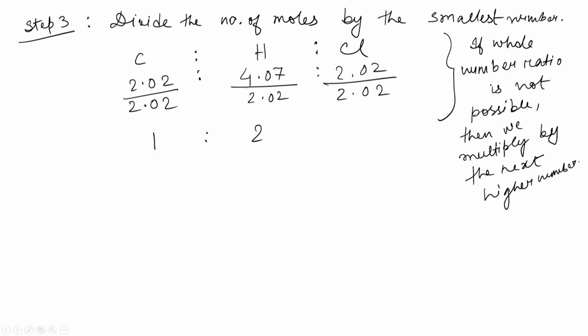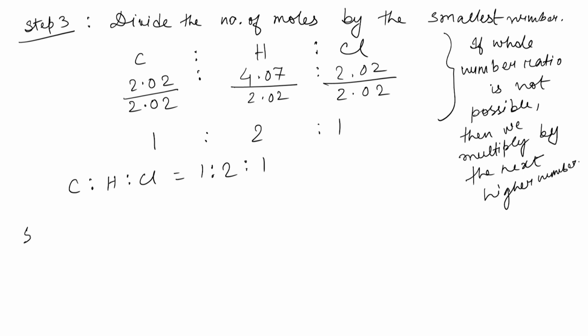Okay. But here we can write 2, then 1. So, C is to H is to Cl is equal to 1 is to 2 is to 1. So, we have found out the ratio.